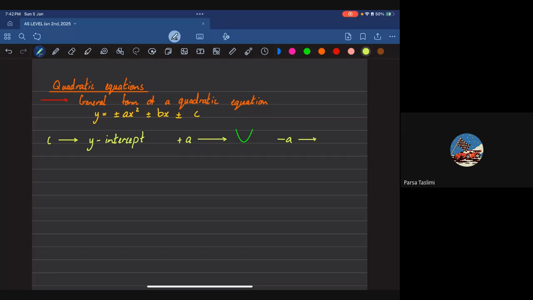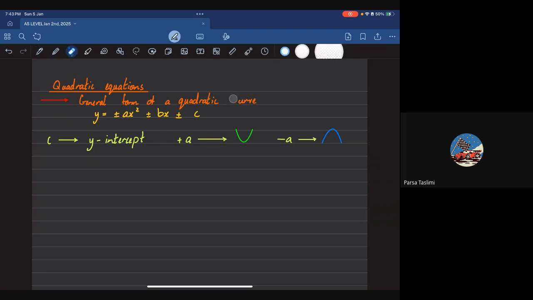Sort of like a smile and a frown for upward and downward slope. Clear? Anything that you guys don't get from this so far? No, sir. Perfect. Now, this is the general form of a quadratic equation, or actually, a general form of a quadratic curve, you should say. My bad.